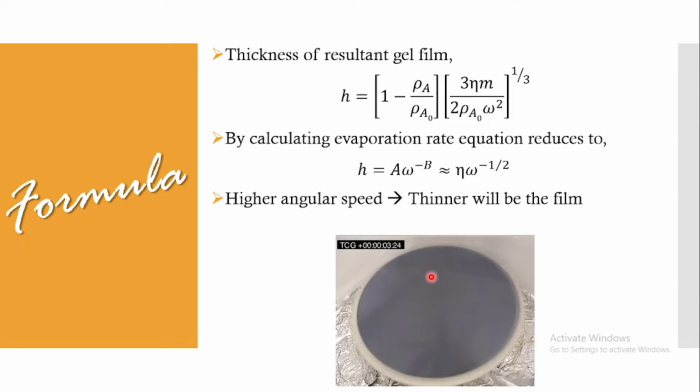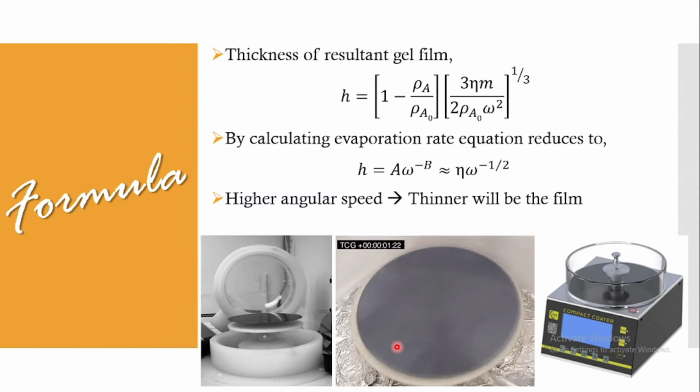So once the liquid is put over the substrate holder or the substrate, it will just spread off due to the effect of centrifugal force, and we get a uniform thin film. And as I told, there are different types of spin coaters, but the difference is only with respect to software interface.